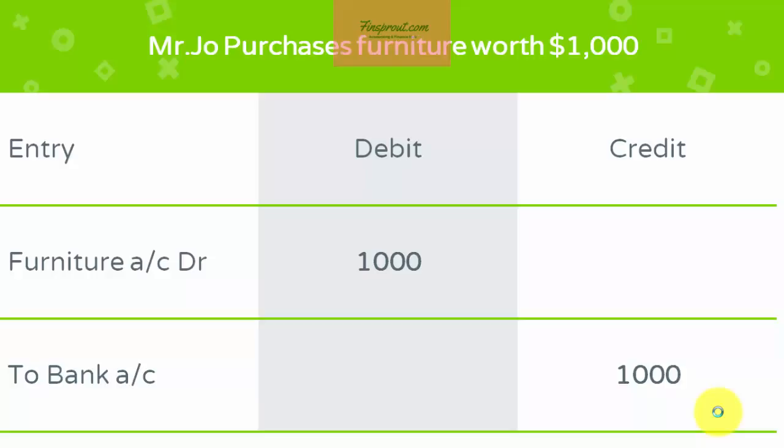So, asset is furniture and furniture balance is increasing. So, we will debit furniture for $1,000 and by same amount bank is decreasing. So, I have credited here. Full entry is furniture account debit to bank account $1,000.